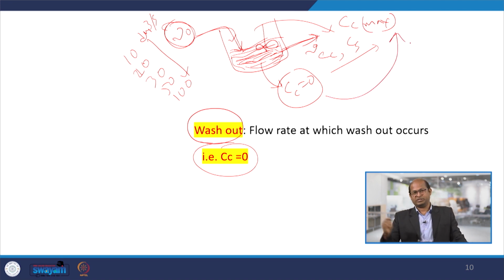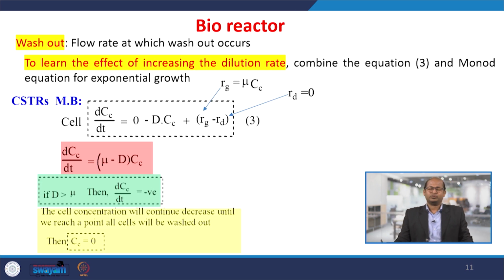How we can control the cell concentration inside the reactor, we will discuss. When the cell concentration is 0 inside the reactor, it is called washout, meaning almost all cells have left the reactor. That depends on the dilution factor D. Those things we will discuss. So, from the material balance equations we know this.